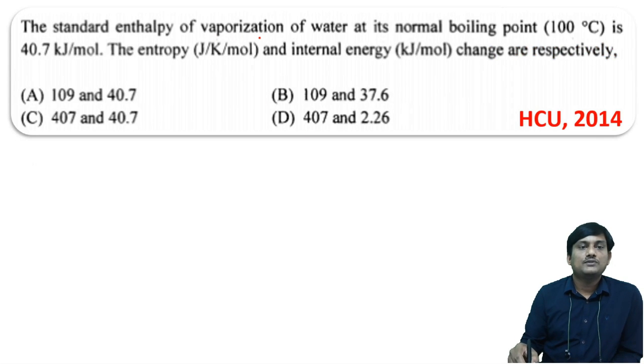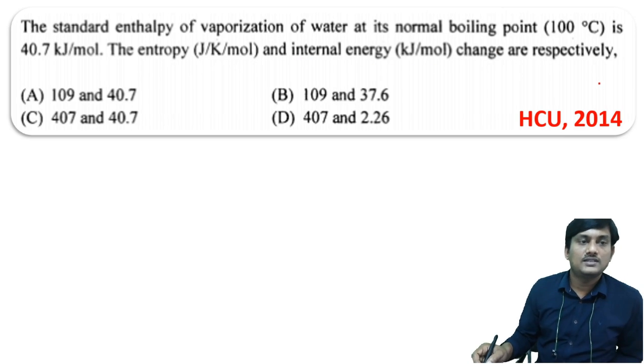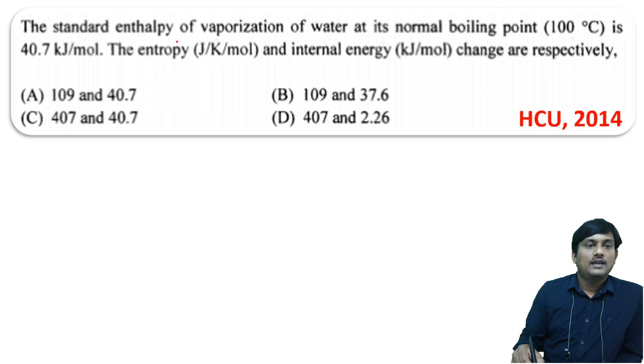The standard enthalpy of vaporization of water at its normal boiling point is 40.7 kJ per mole. The entropy and internal energy change are respectively? What is the change in entropy?